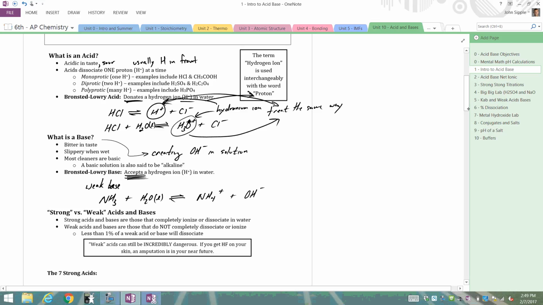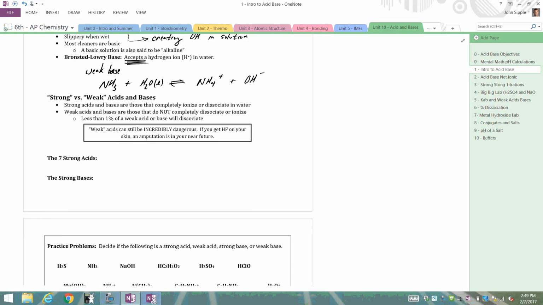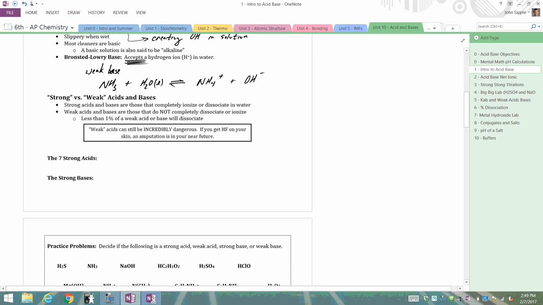Okay, so remember, there is a difference between strong and weak acids and bases. This is really important to remember, that we memorize the strong acids and strong bases. This is going to be very important to us later. We need to be able to look at a solution and its formulas and know whether we have strong acids and strong bases, or a weak and strong interaction.